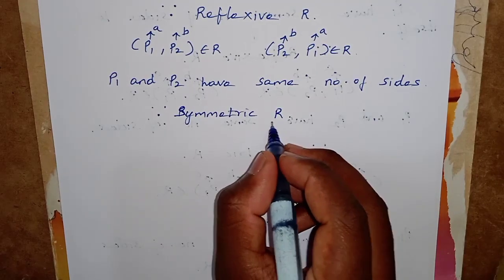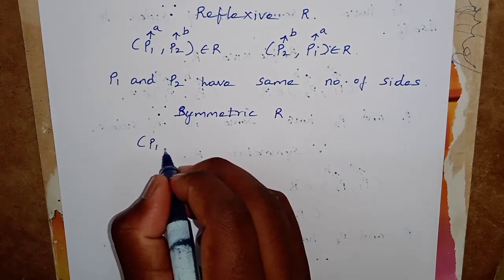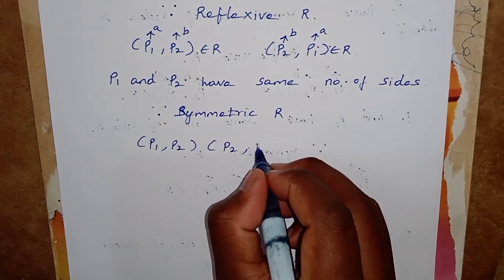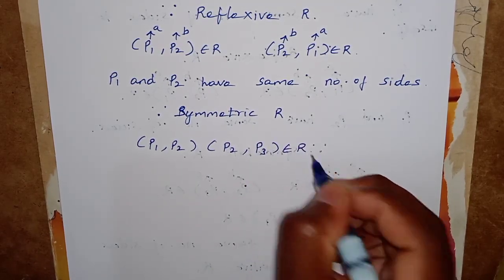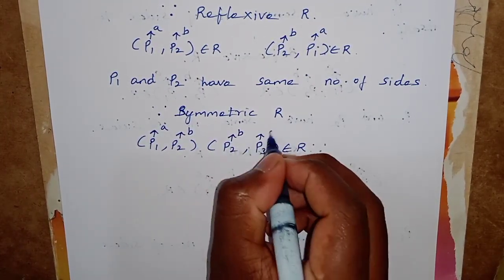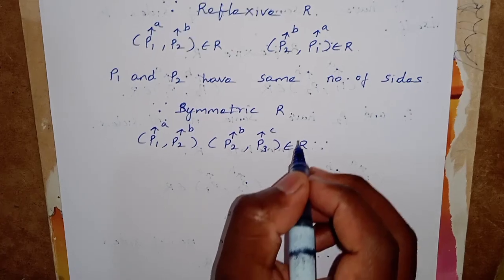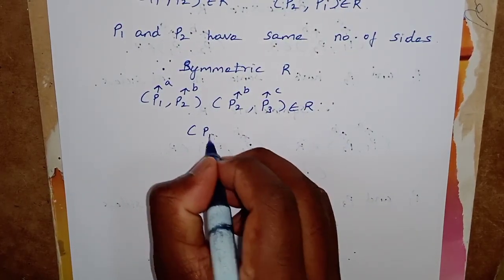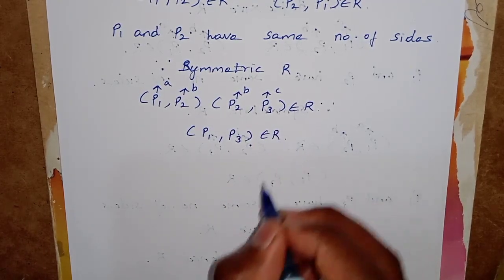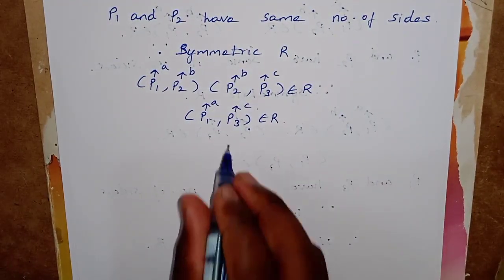R means relation. Okay, next for transitive: P1, P2, P2, P3. For comparison, A, B, B, C. A, B, B, C belongs to R. Therefore A, C, that is P1, P3, also belongs to R. Therefore here it is satisfying the condition.